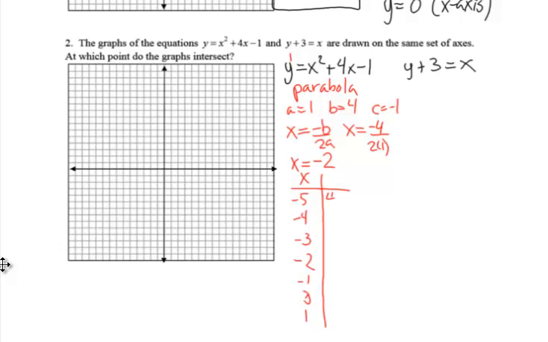We've got 4 here, negative 1, negative 4, negative 5, negative 4, negative 1, 4. If we need more, we can easily get more.